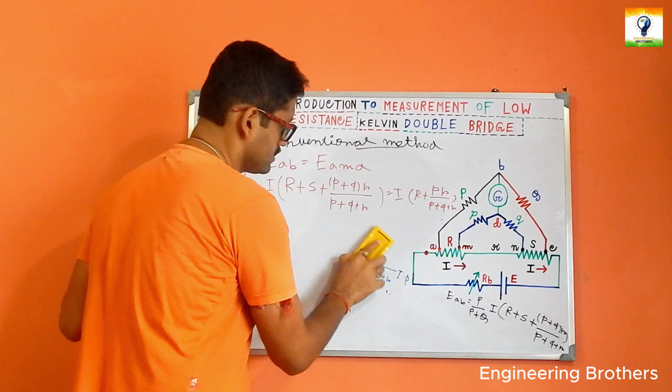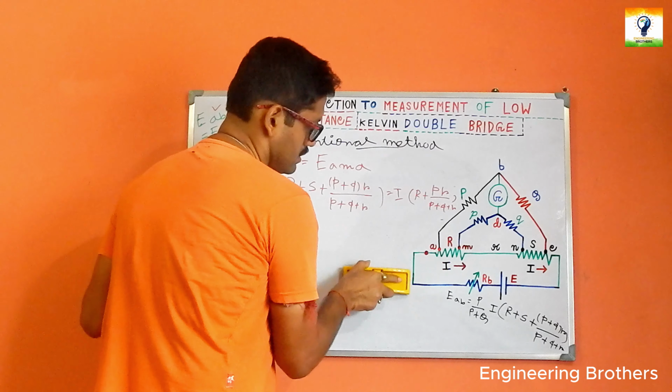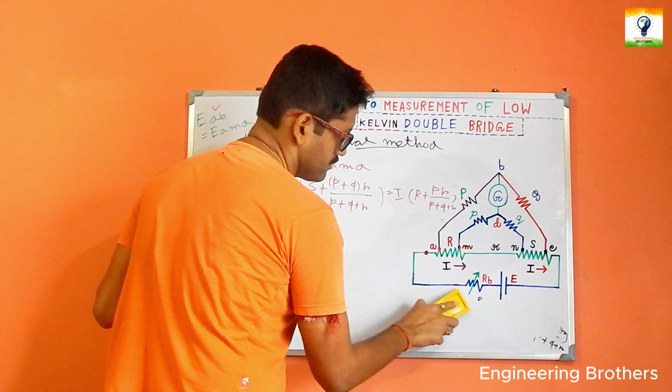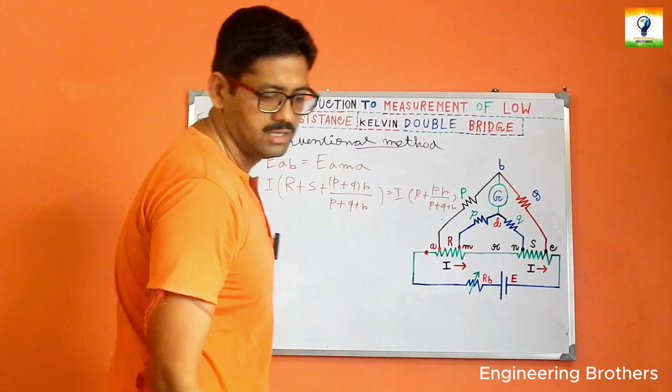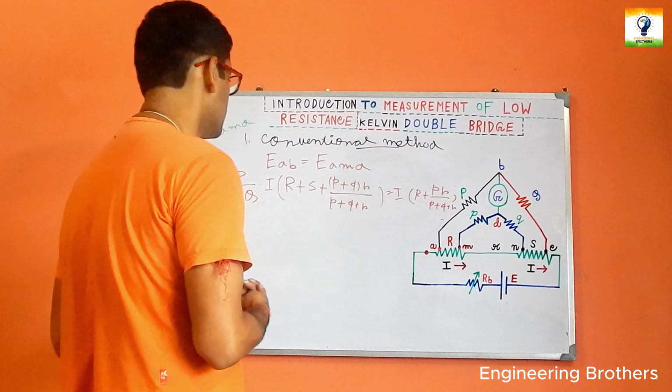We need to equate that over here, and let us raise the balanced equations for our Kelvin double bridge over here. How to reach that? I am just going to show you all the parts over here.